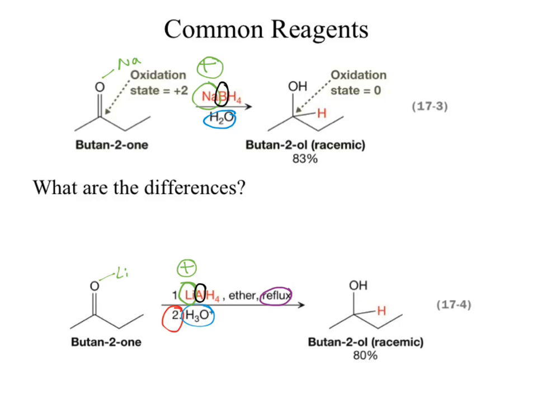How does that change the reactant? Lithium is smaller, it binds to the oxygen tighter, which means what happens to the electrons? They're going to shift back towards the proton.